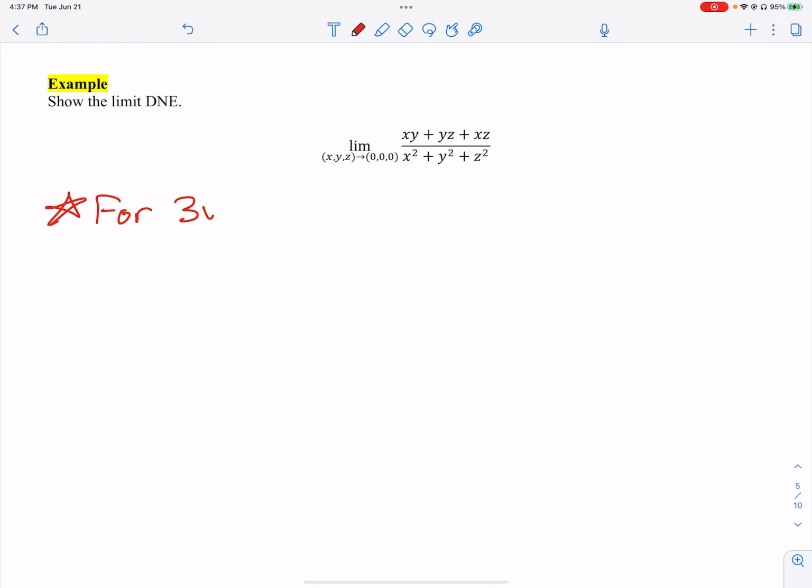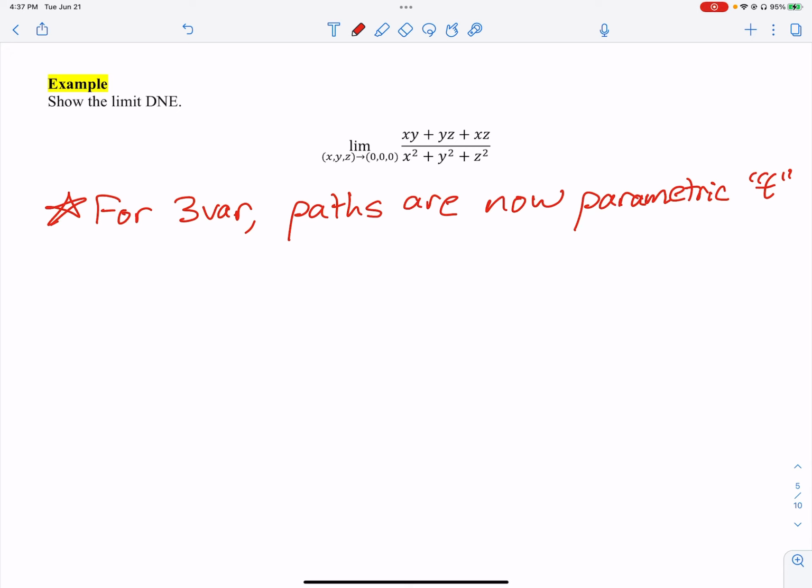For three variables, paths are now parametric. And then we'll put in quotes here, t, because that's what we use for parametric. And then also always, for these problems, always choose an axis as the first path.